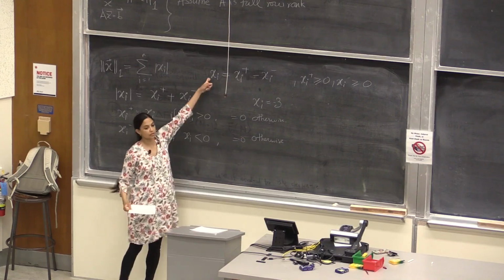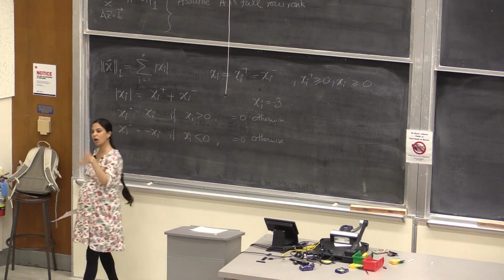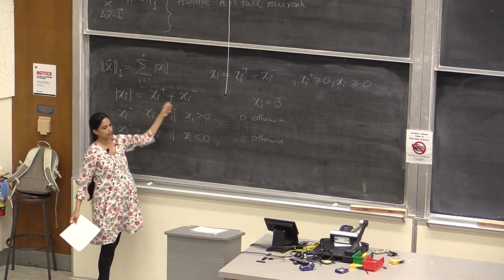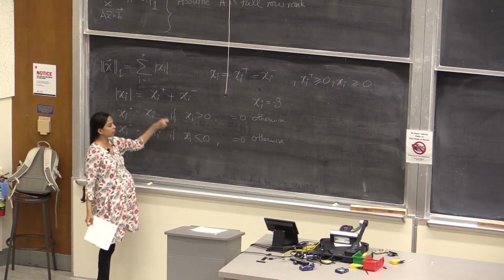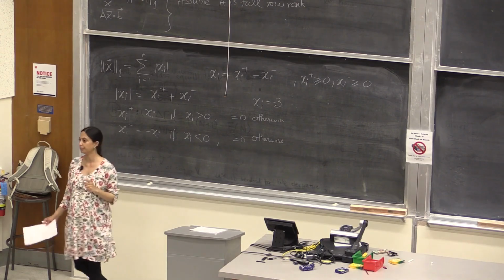Then I have now satisfied both of these constraints, right? So I have basically gotten rid of my absolute value by rewriting it as these two variables, both of which now have constraints of being greater than or equal to 0.